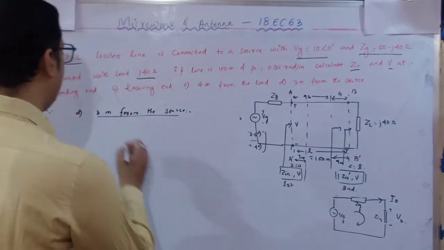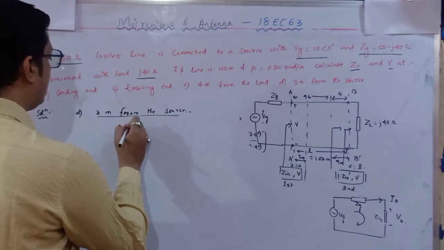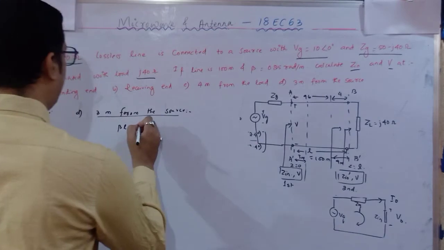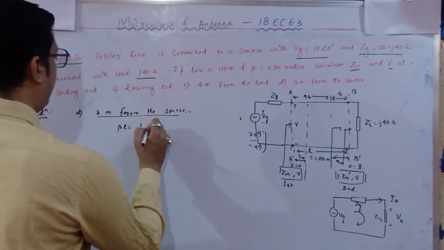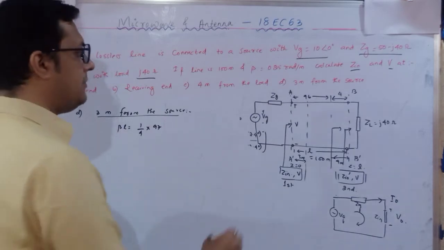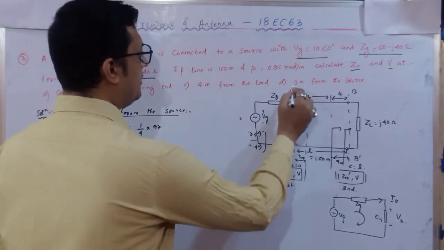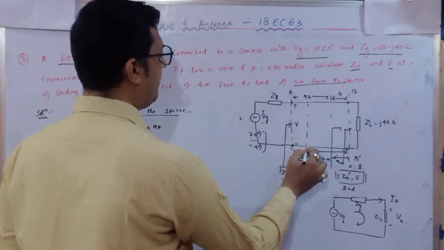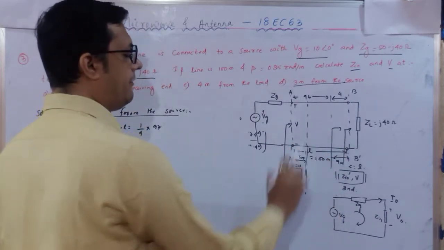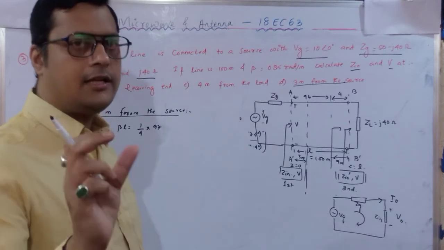So βL is equal to, β is 1/4 and length is 97. Why 97? Because now we are at 3 meter from the source, at this particular point, and the total distance left is 97.